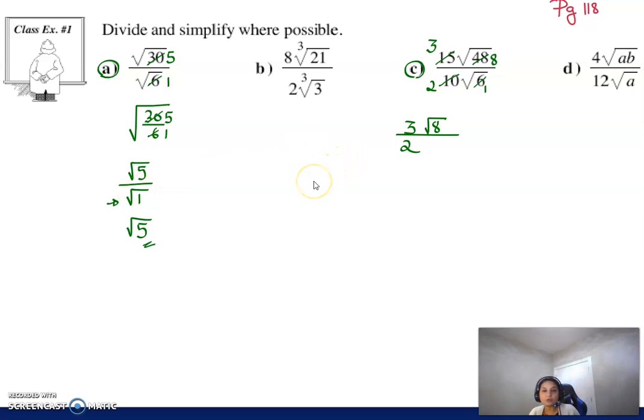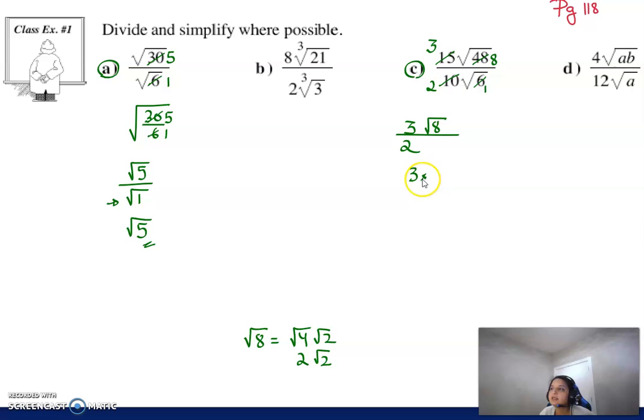Now, we're done with the division part here, but remember the last part of it is always trying to make sure that we have reduced our radicands completely. And root 8 is not completely reduced. If you remember, root 8 can be further reduced to root 4, root 2, which becomes 2 root 2. So that's what I'm going to put in place of root 8 here.